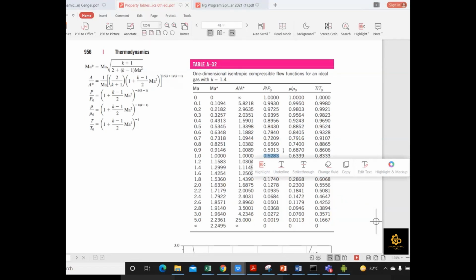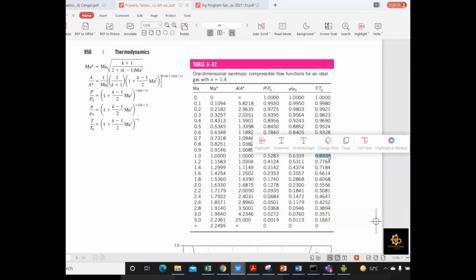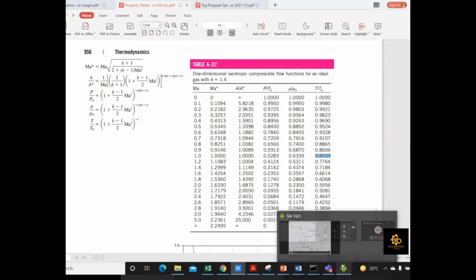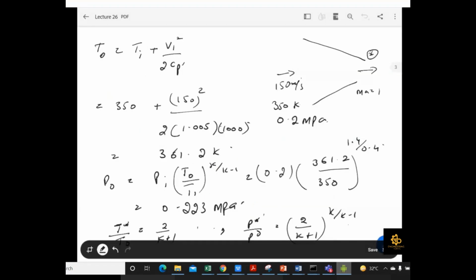So the P star by P naught value is 0.5283 and the T star by T naught value is 0.8333. Okay, so from this you can directly find the values from the thermodynamic table, because this table is also developed using the same relations. Okay, so now coming back to the problem again. So you have to note it down and then we move to the next part.